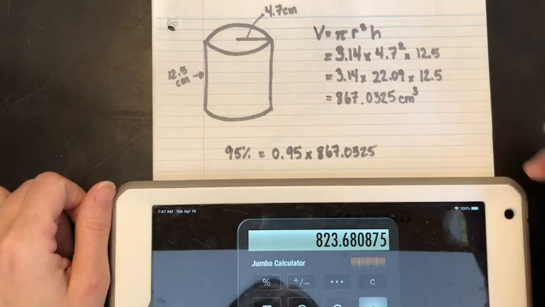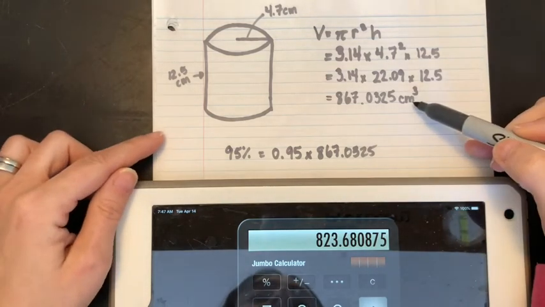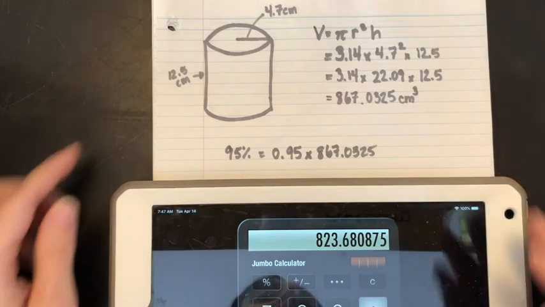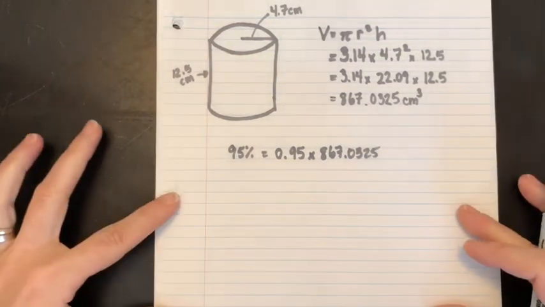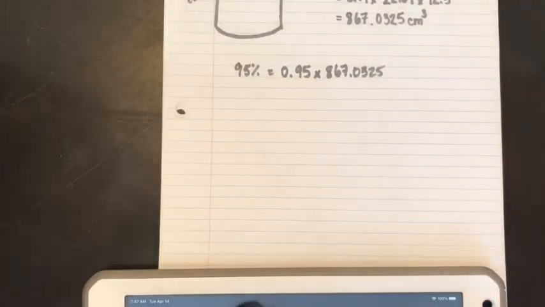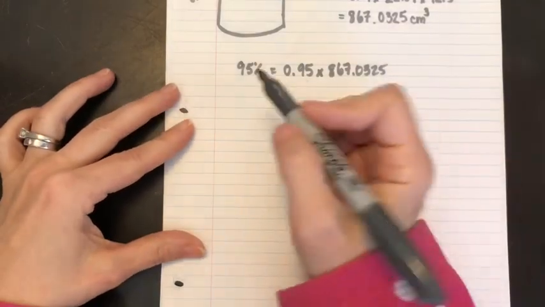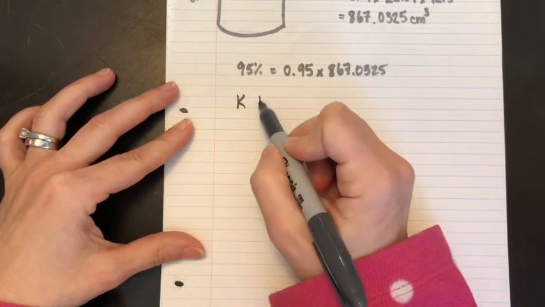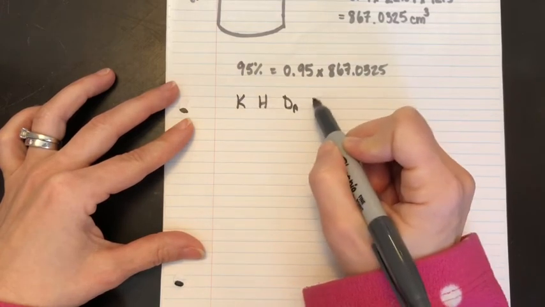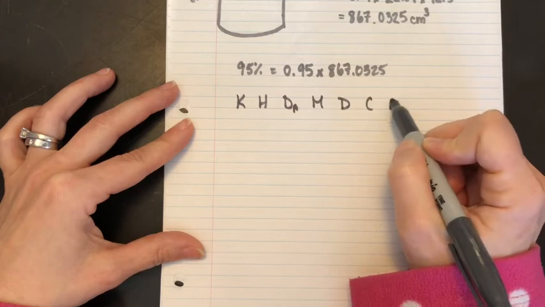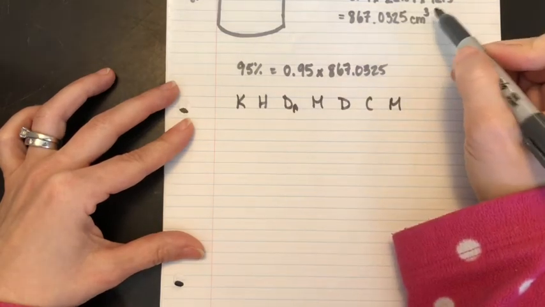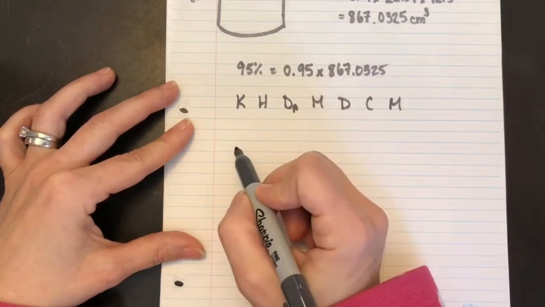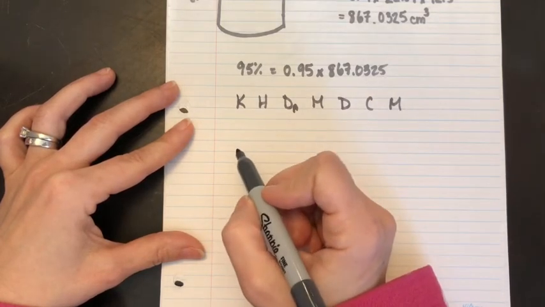Okay? One other thing, if I'm doing metric conversion, I'm just going to slide my page up here. What I need to do now is start by drawing out my metric conversion rhyme. King Henry died a miserable death called measles. And then because I have units cubed, I need to switch it 3 times. So for example, let's just take a number here. We're going to use cubic millimeters.